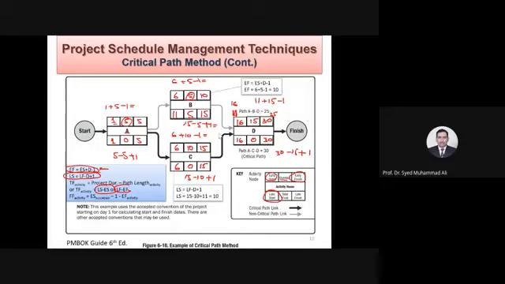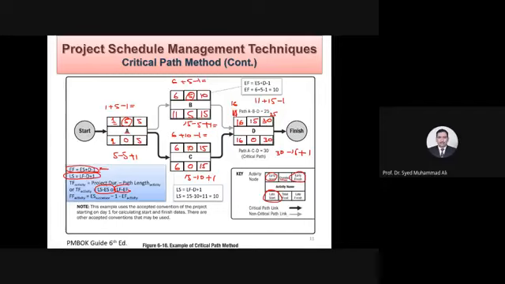It will be 0, because if any activity is delayed by even 1 day, you will get the path longer by 1 day. But in activity B, you delay it by 1 day, 2 days, 3, 4, 5 days, no problem. You will still be able to finish the project within 30 days.